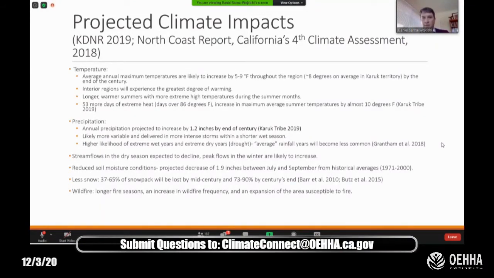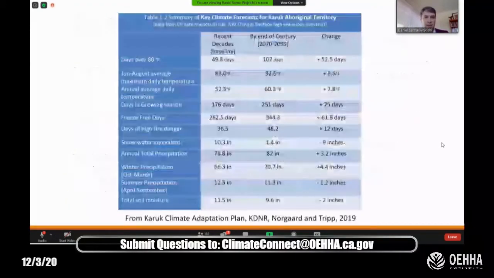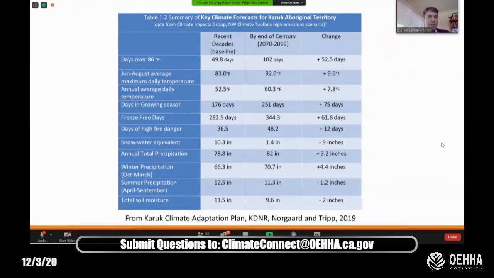Given everything that we've been seeing over the past couple of days, these effects are only going to intensify over the coming decades. I won't spend too much time on the projected climate impacts, but the Climate Adaptation Report did some downscale modeling for the Karuk Territory, which kind of tracks what we've been seeing in other regions. In general, it's going to get a lot hotter, on average 8 degrees across the territory.